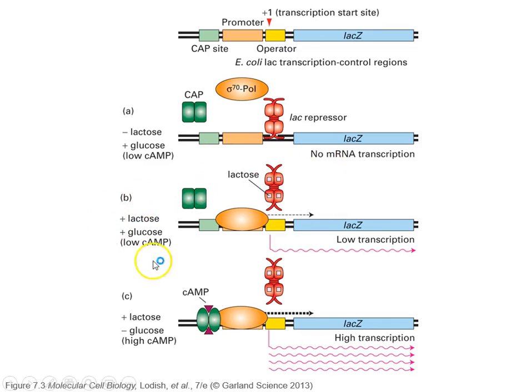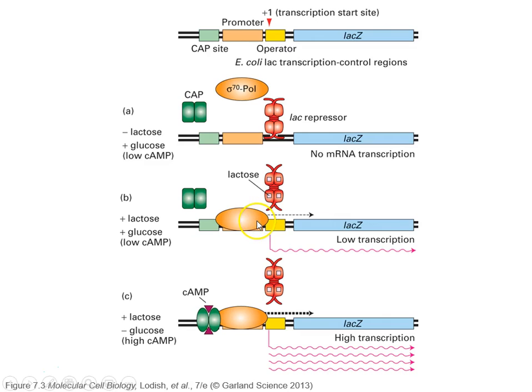So what happens if you have both lactose and glucose? The RNA polymerase again is looking for that promoter, but it's not being stimulated by CAP, because CAP still isn't bound: when glucose concentration is high, the concentration of cyclic AMP is low. And remember, cyclic AMP is the ligand for CAP.